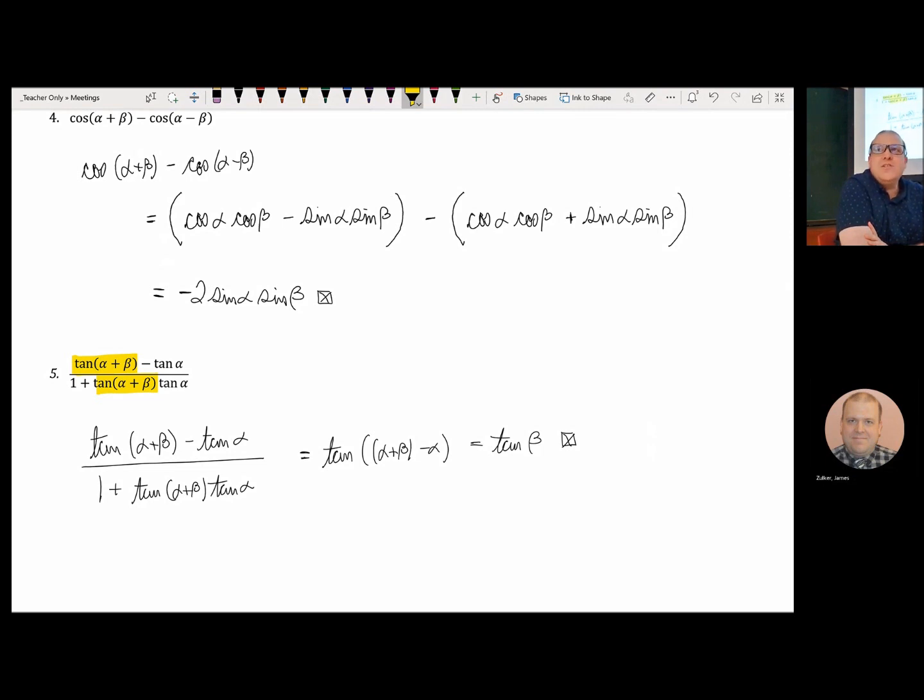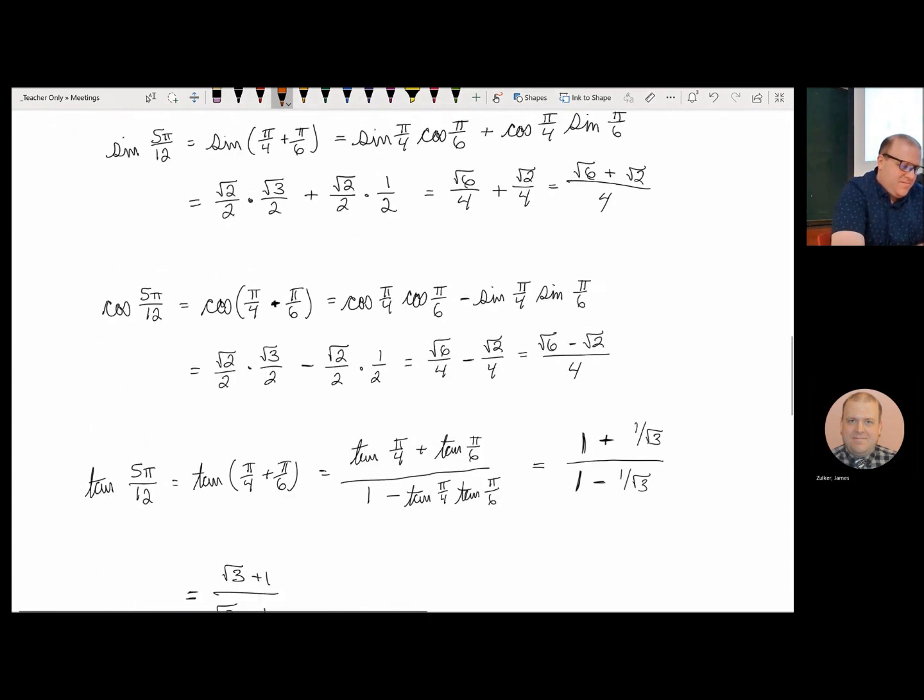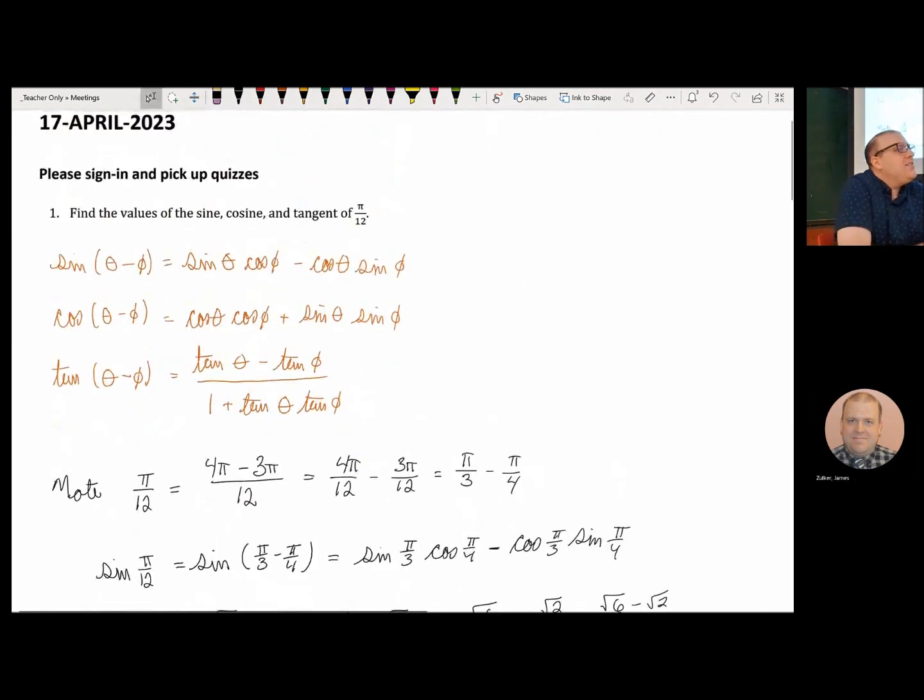Tangent of X minus Y is tangent of X minus tangent of Y all over 1 plus tangent X times tangent Y. Which is exactly that. They gave us this side, I wrote it as this side, where theta is alpha minus beta.